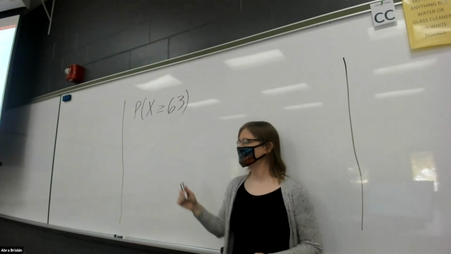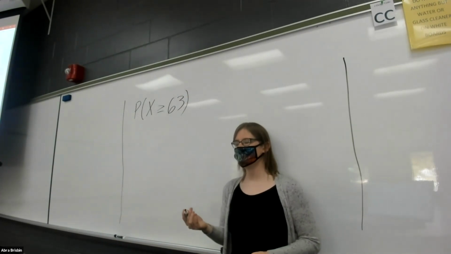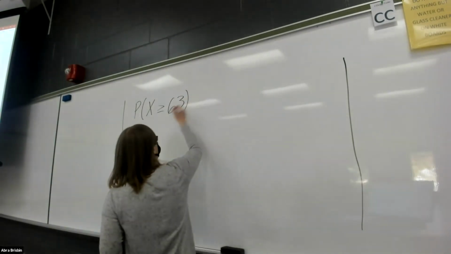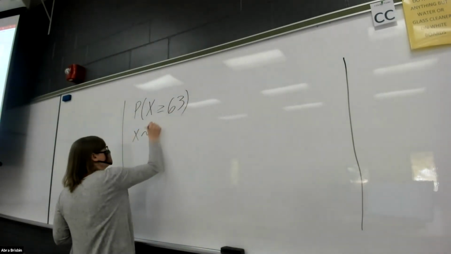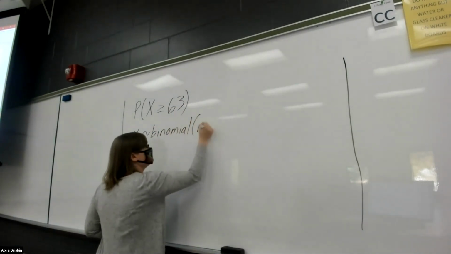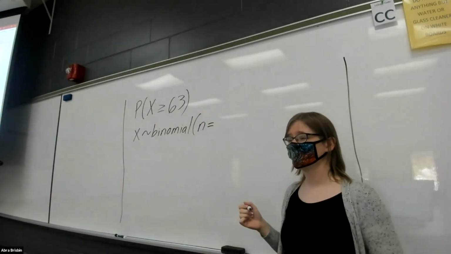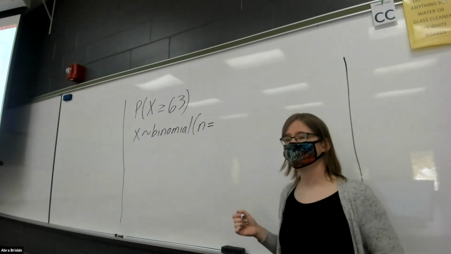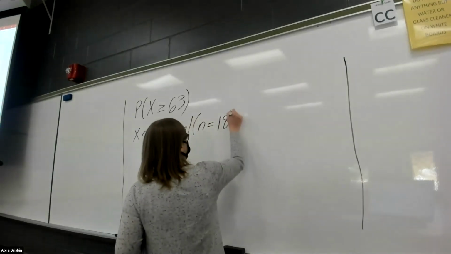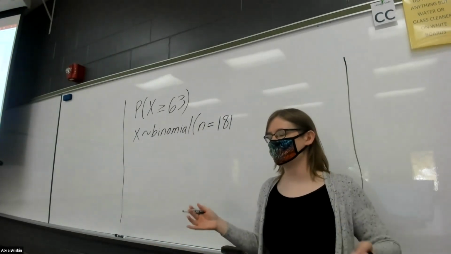What probability distribution could we use to calculate this? Kyle? Yeah, we could use the binomial distribution. So X has a binomial distribution with, what's N? Kyle? Yeah, 181. Because we're flipping 181 coins, or we have a sample size of 181 people.